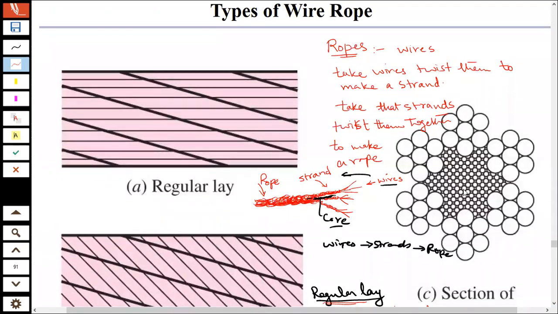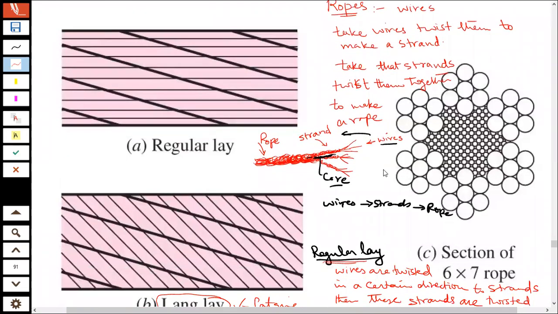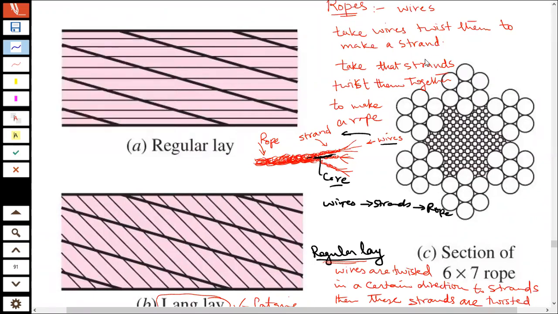If you look over here, this figure shows you a rope. If we look over here, what I'm going to do is highlight it. This is a rope.